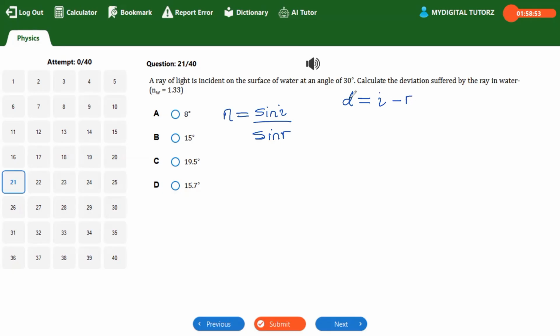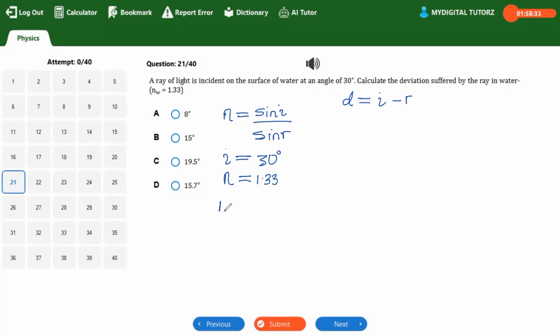Please take note of this. This is what should come to your mind in exam settings. So since this is the fact, we are given the angle of incidence to be equal to 30 degrees. So let us calculate the angle of refraction, given that the refractive index is equal to 1.33.